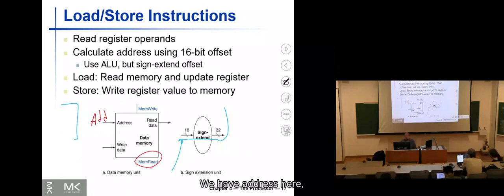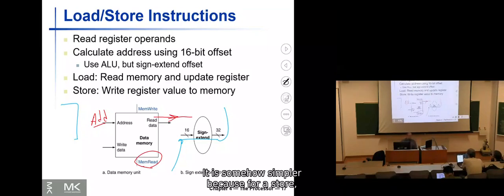We have the address here, we have memory read here, so the data appears here, the load data. In the next stage, we could see that this data should go to the register file for the update of the register value that we wanted to write, okay? So this is the load.